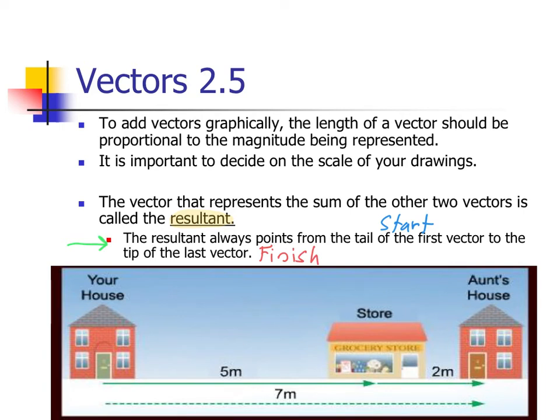The tip of the last vector would be considered your finish. Therefore, the resultant is the shortest path to go from your start to your finish.